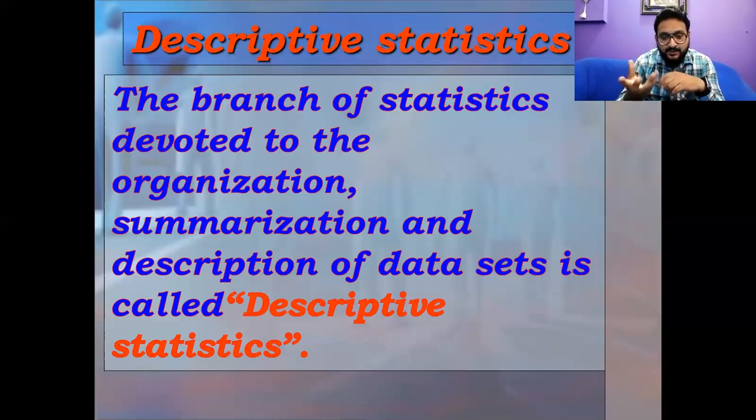So this descriptive statistics says that we must organize the data, summarize the data, and give a description of data. Description of data matlab means description in huge length. Clear है? Is this clear to all of you?